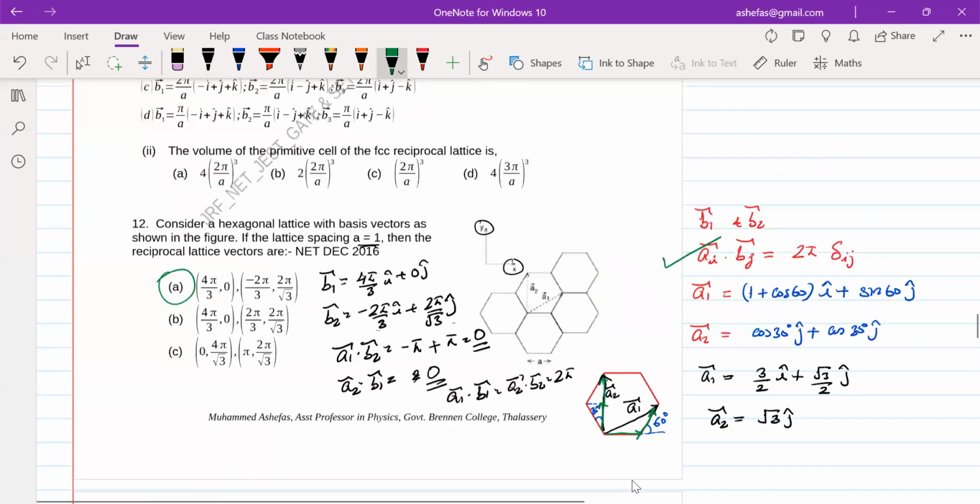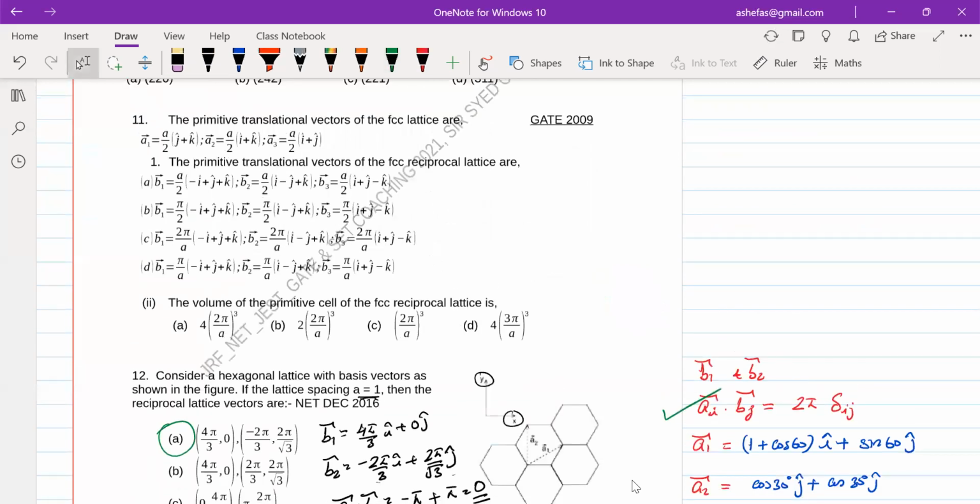We have similar questions here also. Here the primitive lattice vectors for the FCC lattice are given, and we have to find the reciprocal lattice. Obviously this reciprocal lattice should be in the form of a BCC structure, so we have to do it carefully. We can use this relation: b1 is equal to 2 pi times a2 cross a3 divided by a1 dot a2 cross a3.